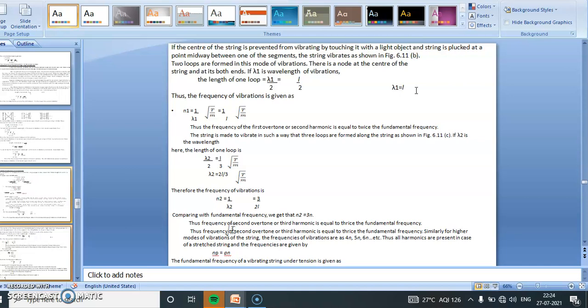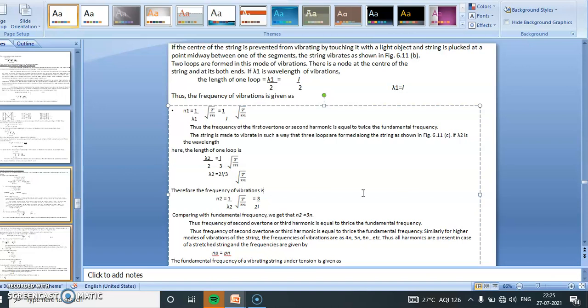Therefore, the frequency of vibration is N2 is equal to 1 upon lambda 2 into under root T upon M, which is equal to 3 upon twice L under root T upon M. Comparing with the fundamental frequency, we get N2 is equal to thrice N. Thus the frequency of the second overtone or third harmonic is equal to thrice the fundamental frequency.